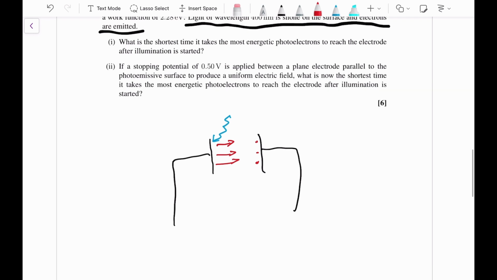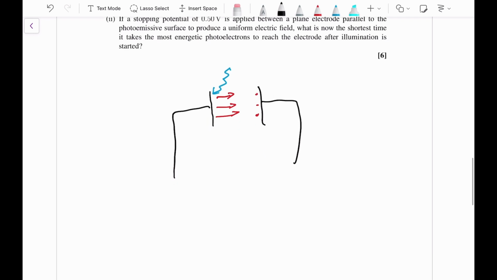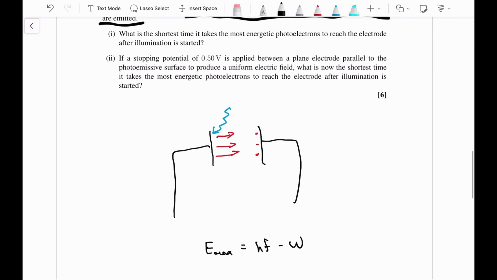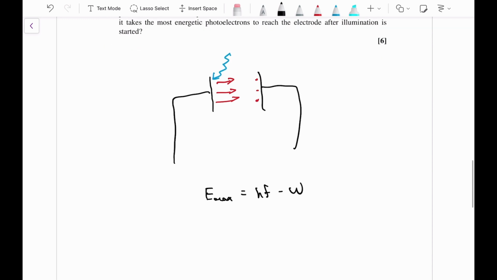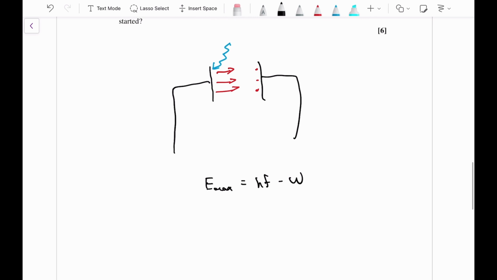So let's see. It's the same equation as the last question. Over here, E max is equal to hf minus the work function, and the work function is given over here. So we can convert E max into a half mv squared, where m is the mass of the electron.